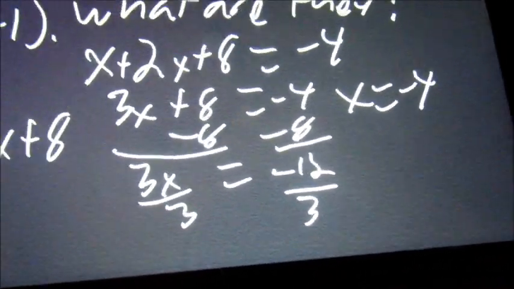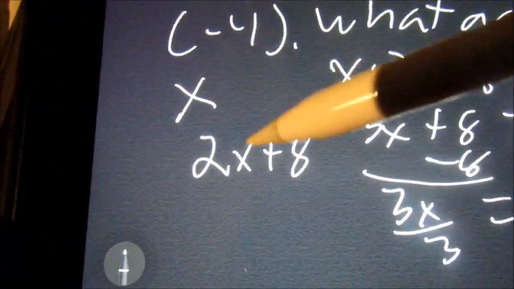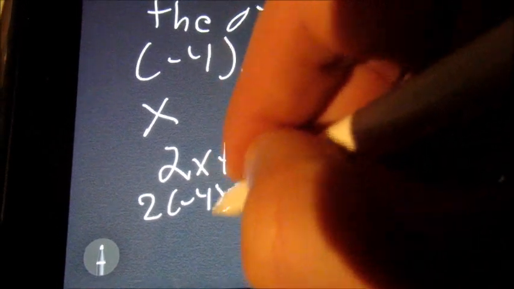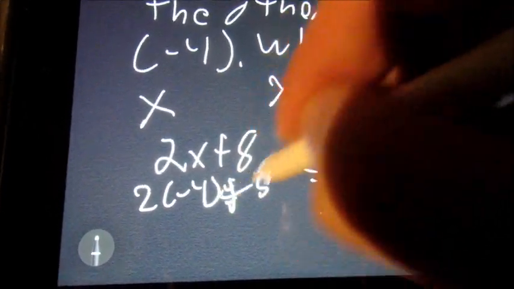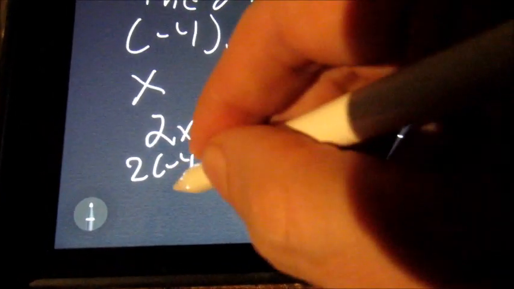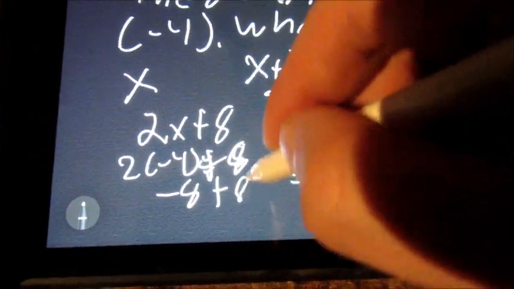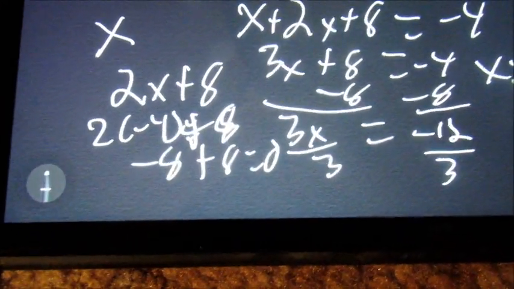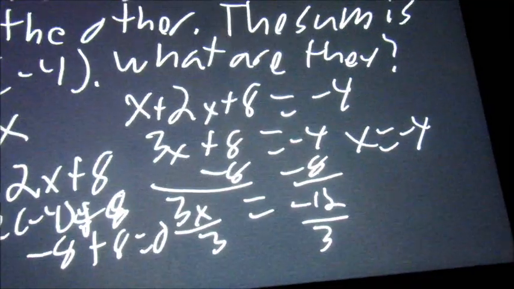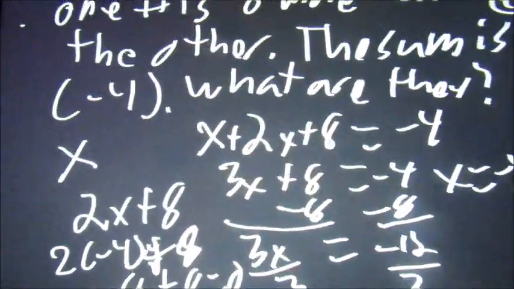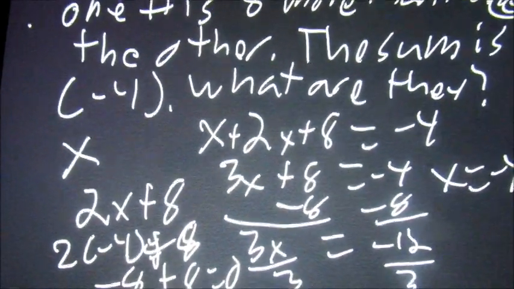So now we know what x is. To find the other number, we need to put it into 2x plus 8. So 2 times -4 plus 8. 2 times -4 is -8, plus 8, which is 0. And if we want to check this, -4 plus 0 does equal -4.